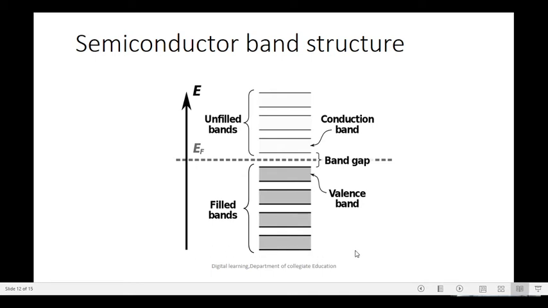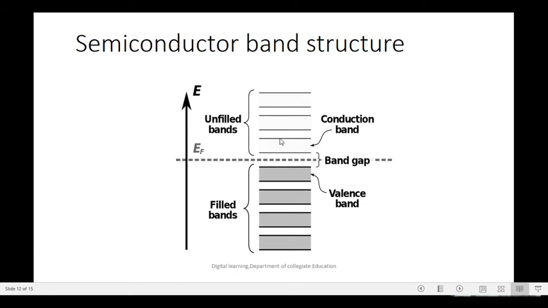Interatomic distance is taken along the x-axis and energy is taken along the y-axis. The valency band is completely filled, that means the electrons fully fill these shells. And the conduction band may be empty, fully filled or partially filled.